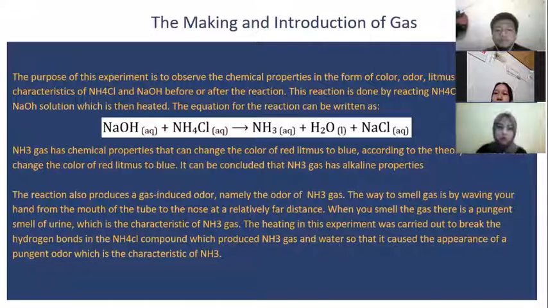When you smell the gas, there is a pungent smell of urine, which is the characteristic of ammonia gas. The heating in this experiment was carried out to break the hydrogen bonds in the ammonium chloride compound, which produce ammonia gas and water, so that it caused the appearance of a pungent odor, which is the characteristic of ammonia.